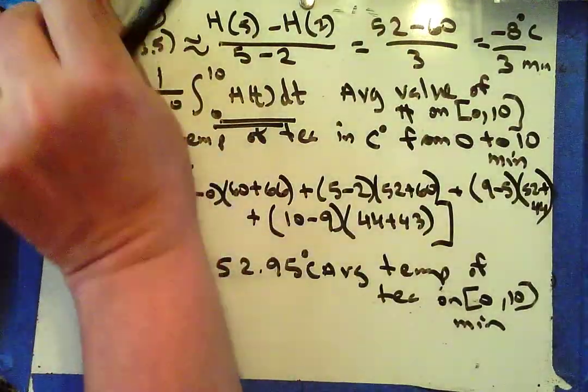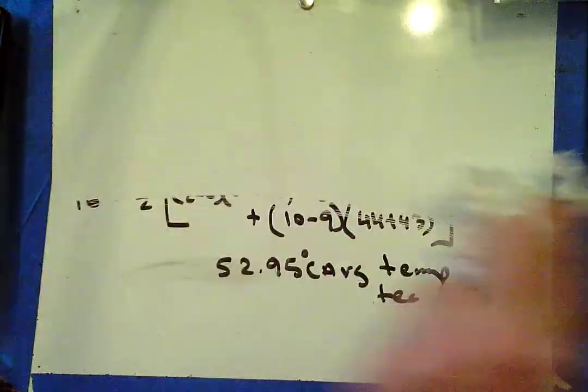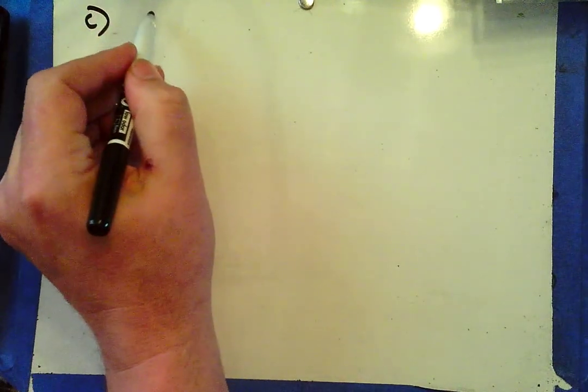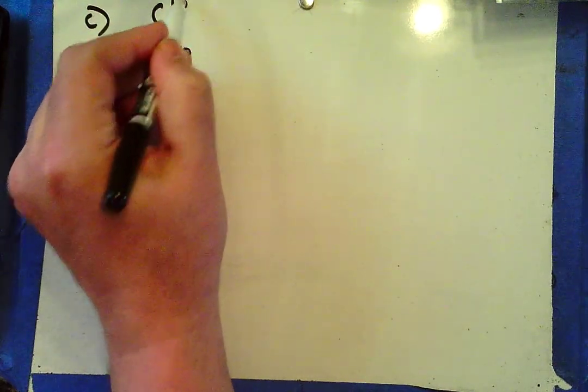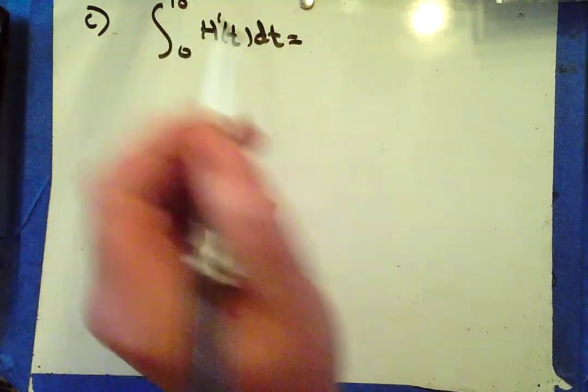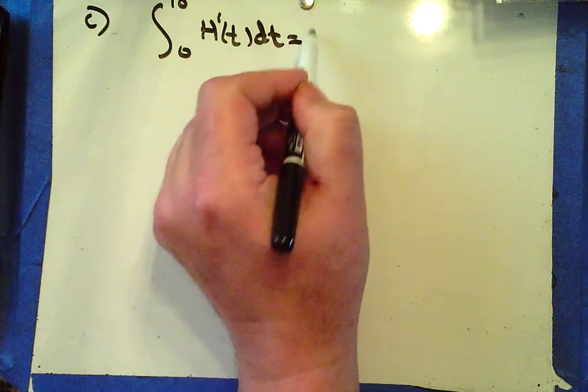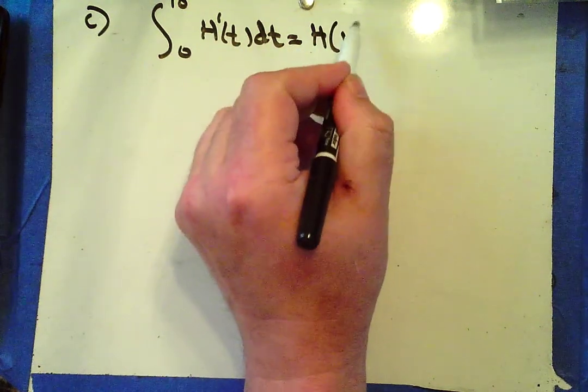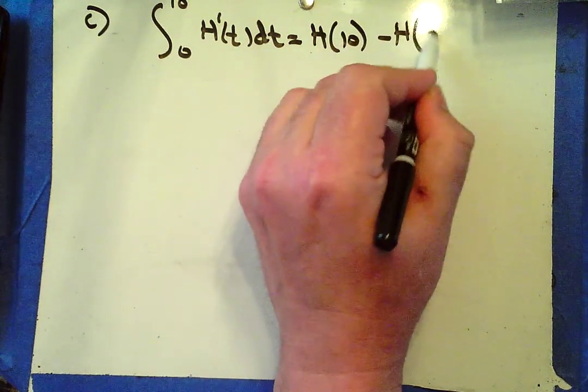Part C, evaluate this. Okay, part C says integral 0 to 10 of h prime of t dt. Well, I know the fundamental theorem of calculus says that this would be h of 10 minus h of 0.